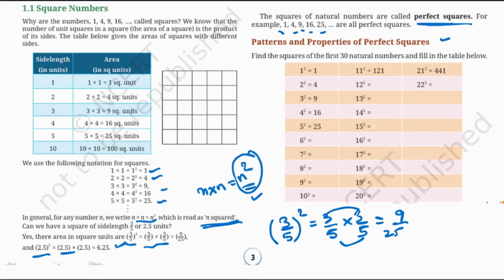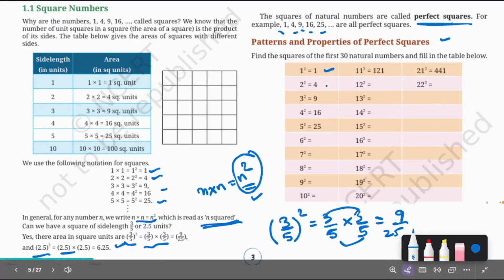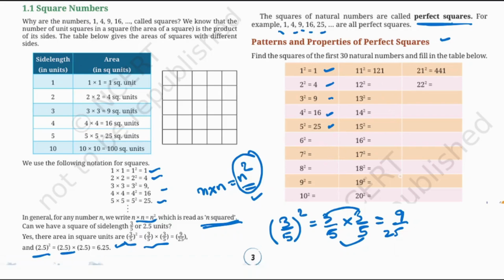First of all we have to fill in this table. In this table, 1 square is 1 given, 2 square 4 given, 3 square 9, 4 square 16 and 5 square 25 are given. Now you have to fill in the rest, and don't ask anyone.